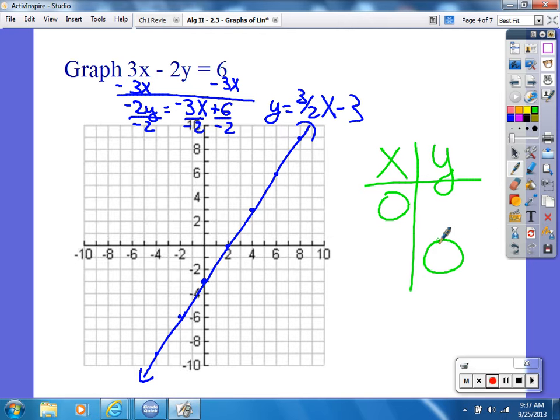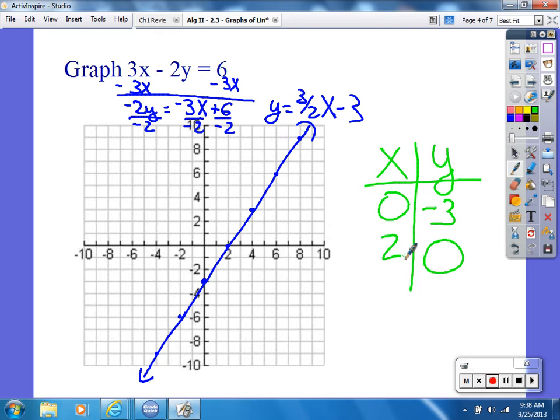So if I plug 0 in for X, what does Y equal? -3, right? Okay. If I plug 0 in for Y, 3 times what is 6? 2, all right.